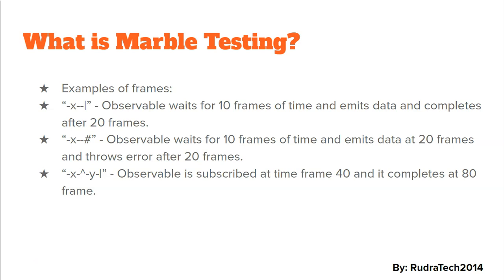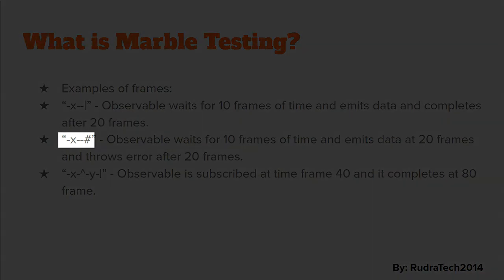That is, the first frame, the first dash, doesn't do anything. Then the x represents the emitted data. Then 2 dashes, that means another 20 units of time has passed. At the 50th unit, the observable is completed. Then there is another example that says dash x double dash hash.